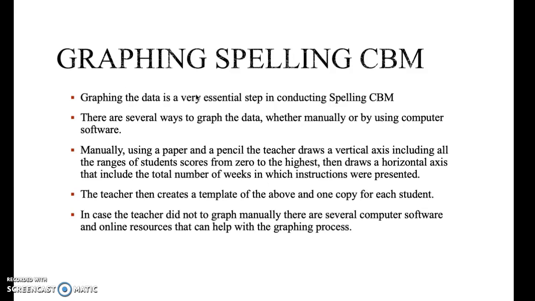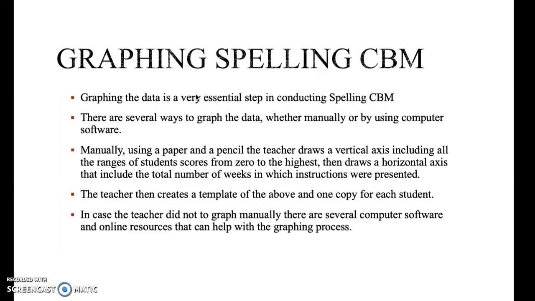So graphing spelling CBM. Graphing the data is a very essential step in conducting spelling CBM. There are several ways to graph the data, whether manually or by using computer software. Manually, using a paper and a pencil, the teacher draws a vertical axis including all the ranges of student scores from 0 to the highest, then draws a horizontal axis that includes the total number of lists in which instructions were presented.